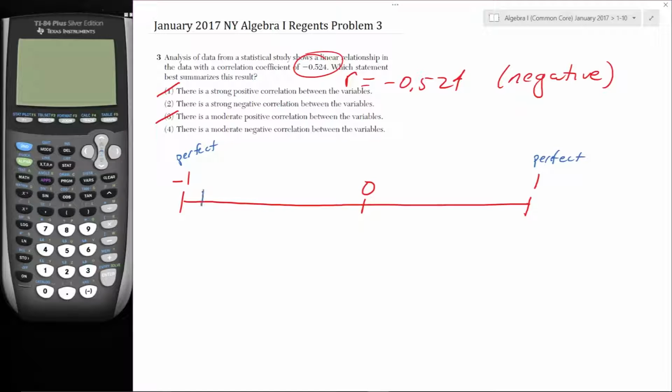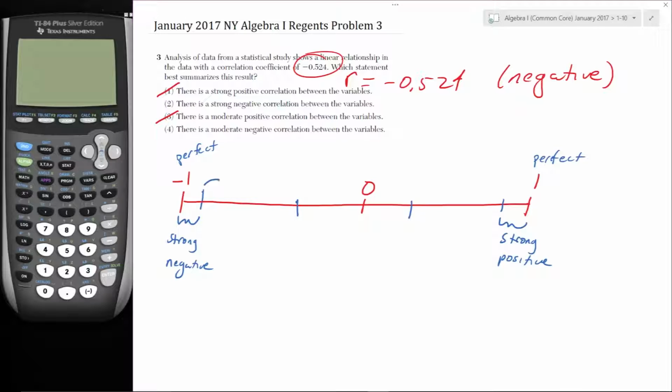Now, from here to here is strong negative. From here to here is strong positive. So how about from here to here? Let's say from here to here.